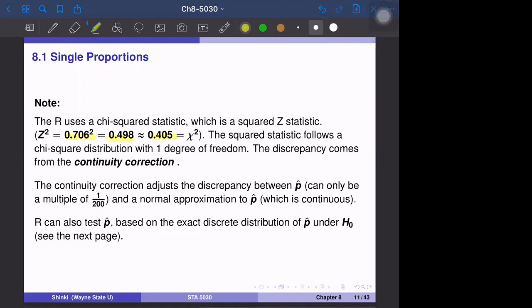So we approximate a discrete distribution by the standard normal distribution.